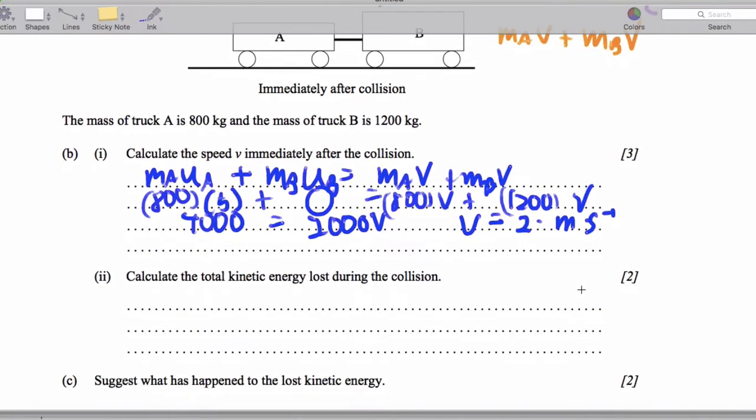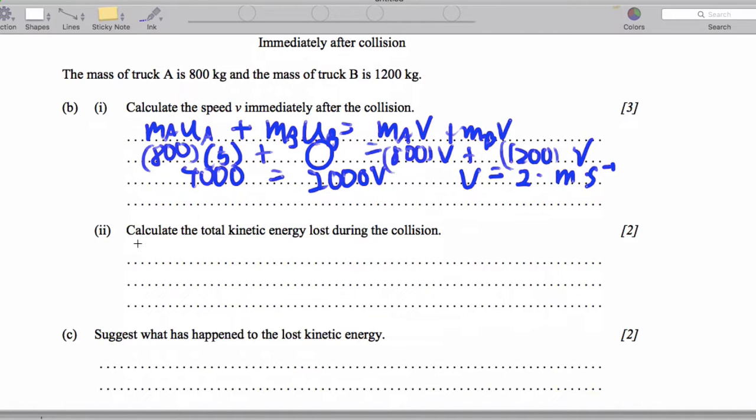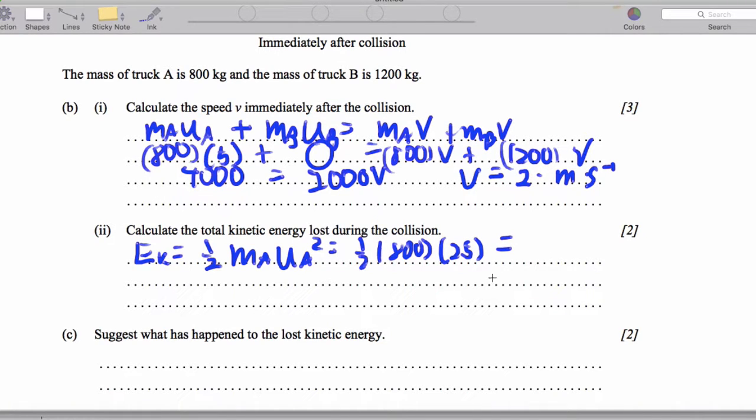Now let's get the total kinetic energy lost during the collision. This is kind of a common thing. So here we go. The kinetic energy before is going to be 1/2 times MA times UA squared, which is going to be 1/2 times 800 times 25. That's 400 times 25, which I think gives me 10,000 joules.